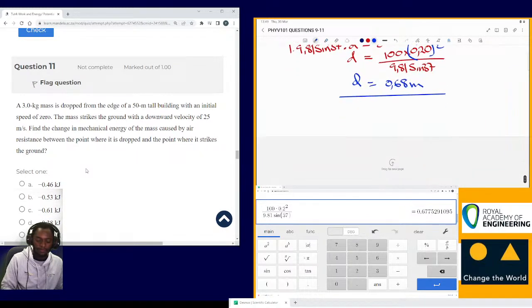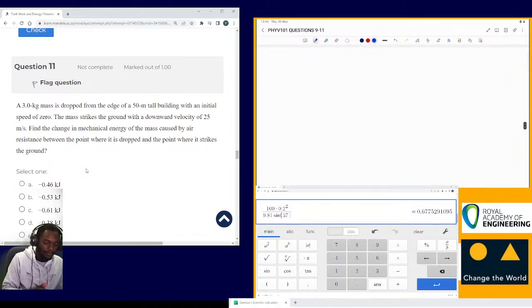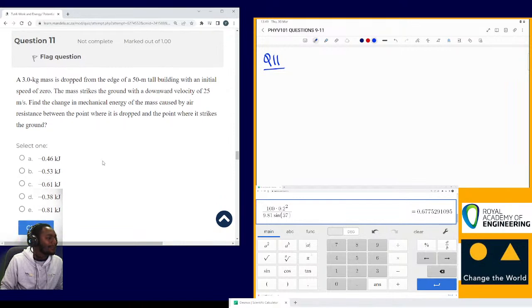The last question for the day. The question reads: a mass of 3 kg is dropped from the edge of a 50-meter tall building with an initial speed of 0.